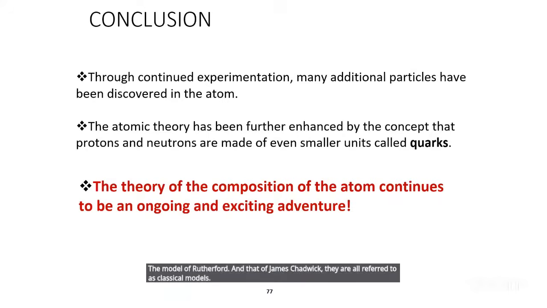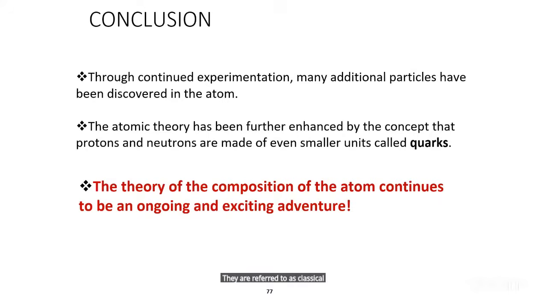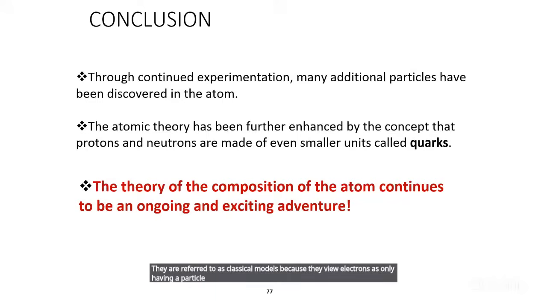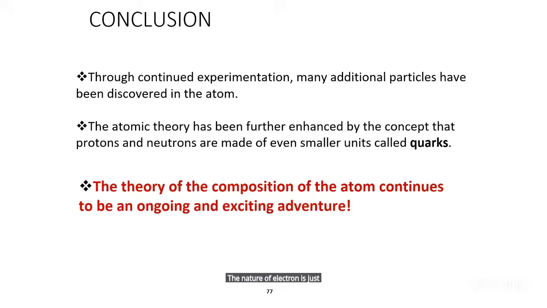They are referred to as classical models because they view electrons as only being a particle in nature. They are not seeing any other nature of the electron, such as being a wave like in a quantum model. They are just viewing it as being a particle. And so they are referred to as classical models.